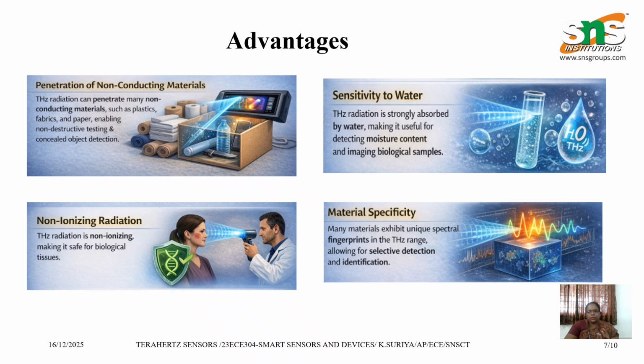Next one is material specificity, where many materials exhibit unique spectral fingerprints in the terahertz range, allowing for selective detection and identification. And finally, it can penetrate many non-conducting materials such as plastics, fabrics, and paper, enabling non-destructive testing and concealed object detection.